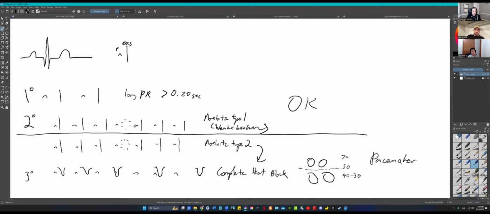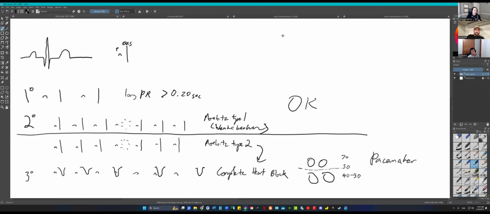Does the gap get wider, and is that why a beat disappears and it looks kind of weird? Or do the P and QRS look normal until they don't? That's a type 2 then. Or if the P waves are all there and then the QRSs are completely disconjugate, completely don't match, you get a third degree block. So look for P, make sure there's a QRS following, and make sure it's nice and close and doesn't go anywhere else.